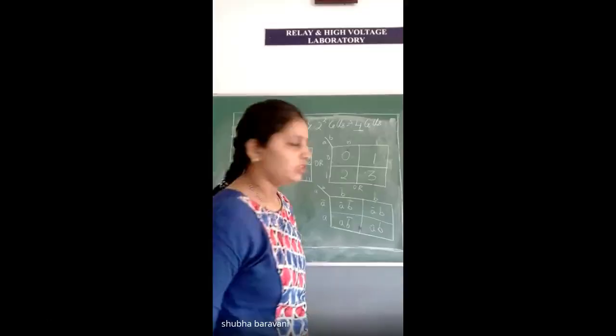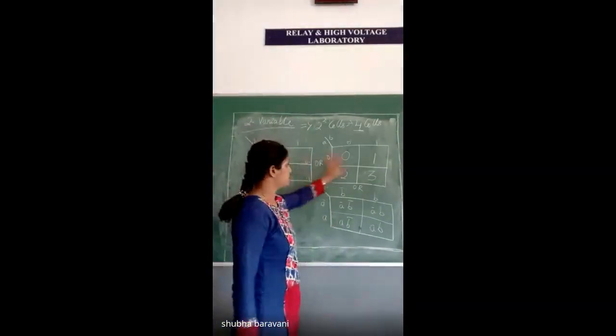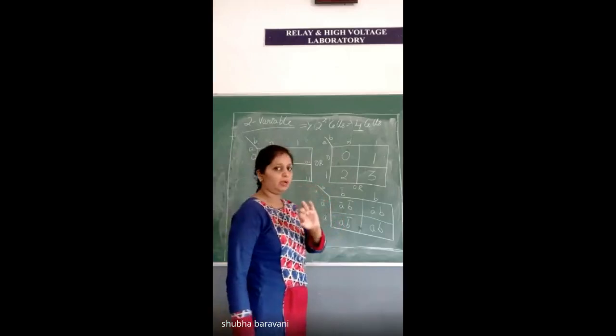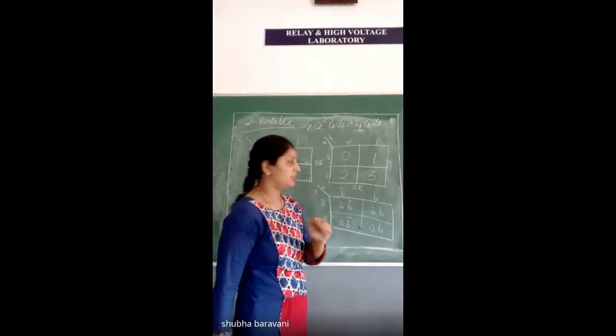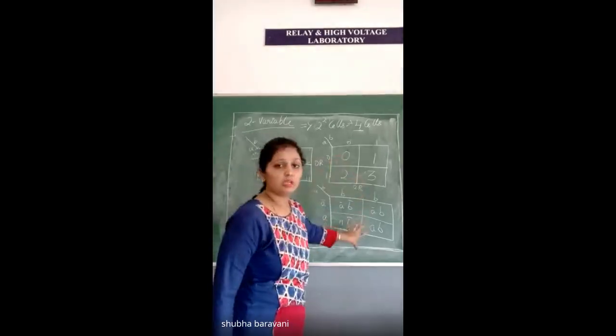Right? So see, there are different ways how you can express a K-map. I have explained for a 2 variable function, but for 3 variables also the representation remains the same.